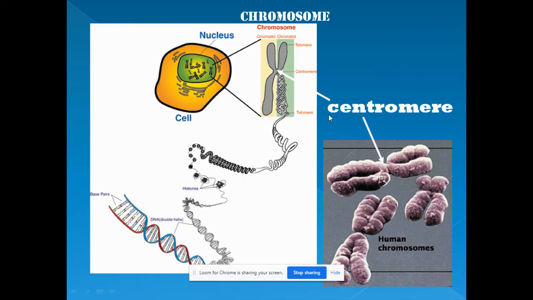Here's another picture where you can see a real chromosome. So this is one chromatid, this is another chromatid, and the centromere in the middle. Right? These are human chromosomes. In this picture you can see the molecule of the DNA, and the DNA is a molecule that is made of different bases.